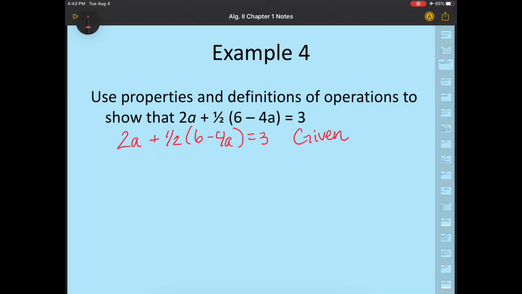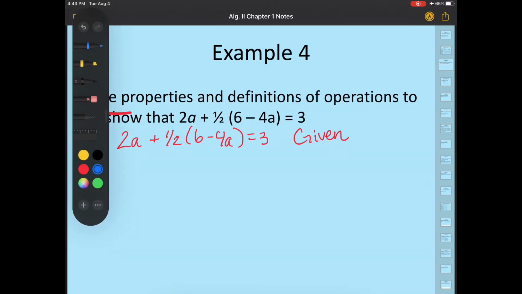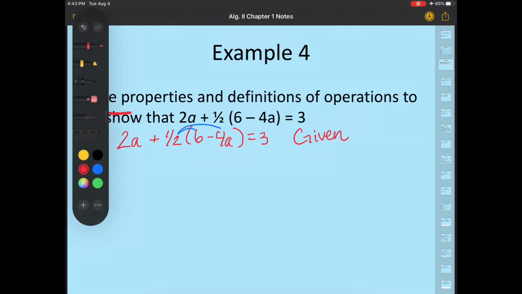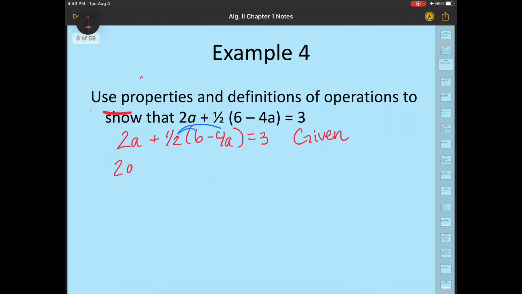So first what I want to do is take my 1/2 and distribute that 1/2 to everything inside the parentheses. So 2a and then 1/2 times 6 when I distribute is just 3. And 1/2 times negative 4a is negative 2a. And again, that still equals 3. But we used the distributive property.